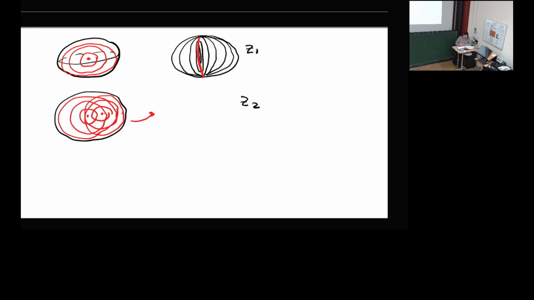Now for Z3, this is not going to be intuitively clear, I think. I think the first two pictures are intuitively clear. So for Z3, where we take all the circles, the new cycle is going to correspond to the following.